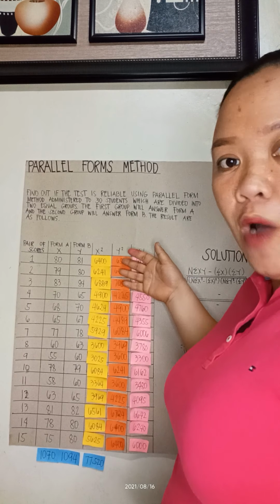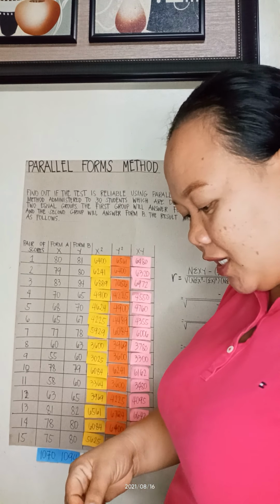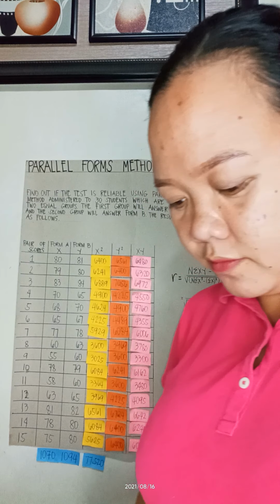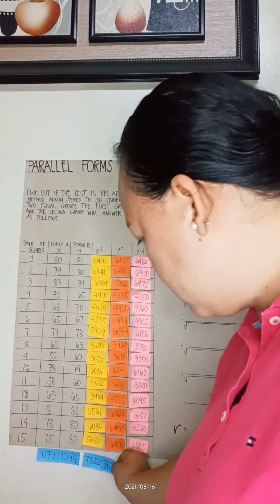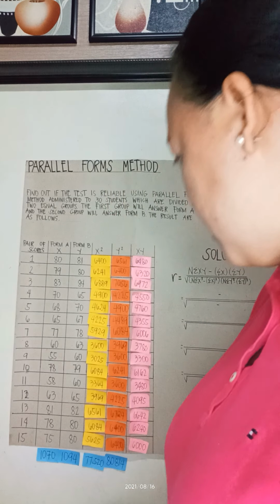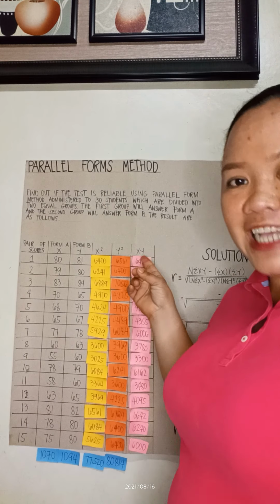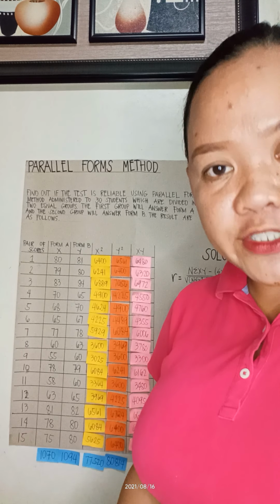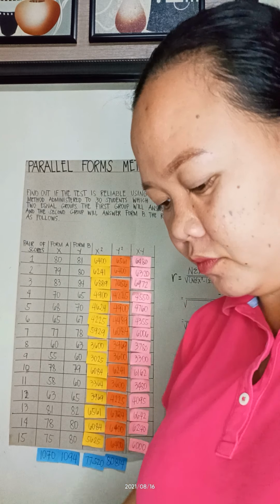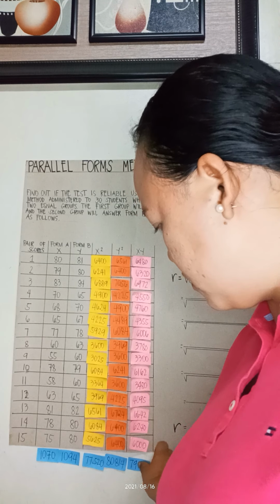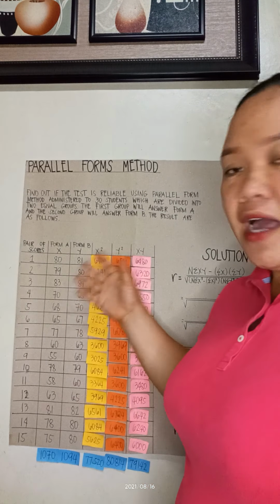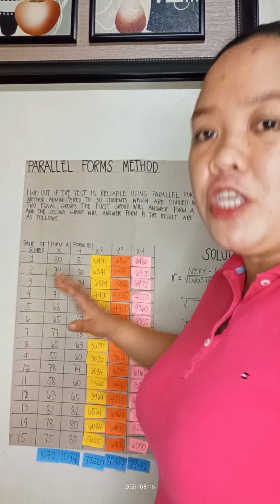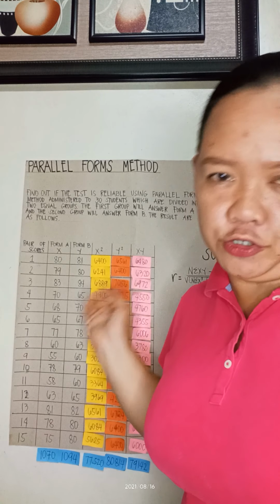And the summation of y squared is 80,814. The summation of x and y is 79,142. So, we already finished this table and we will use this for our solution.